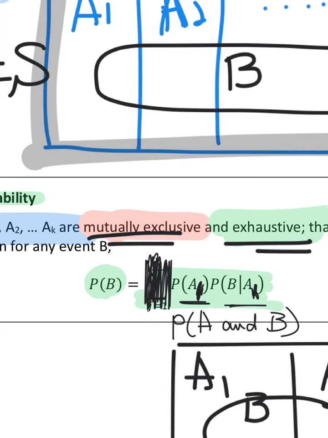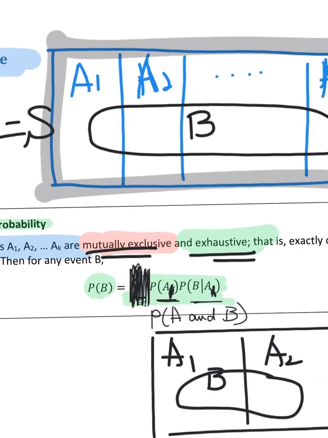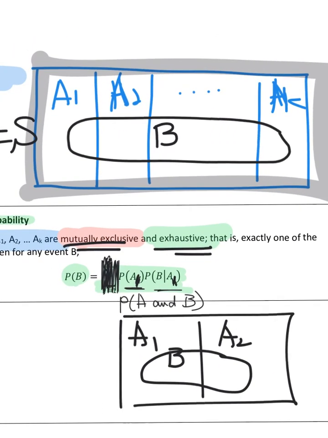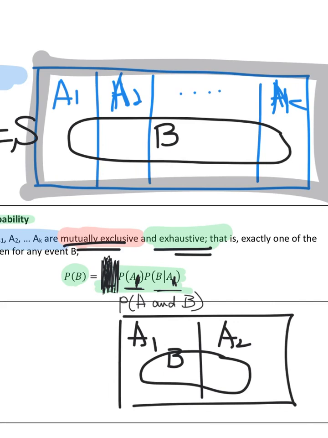A and B. Can I make it smaller? Because I need the Venn diagram. Now we have the probability of A and B. Now let me add the index J on A. You know, J is the index.